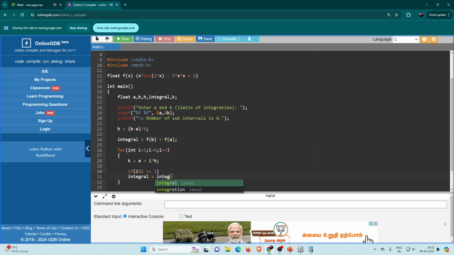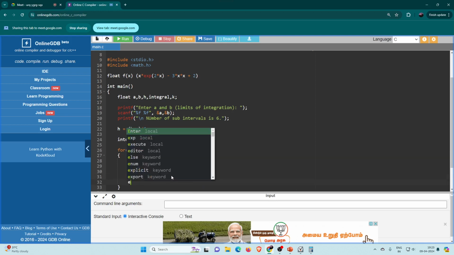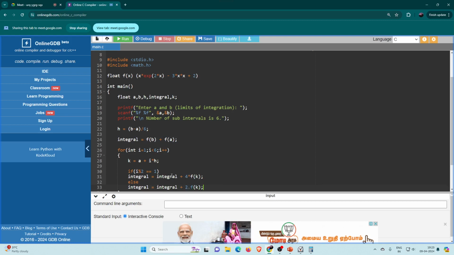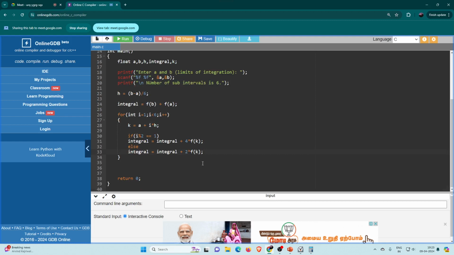So integral equals integral plus 4 into f of k, right, else integral equals integral plus 2 into f of k, yes or no, because all odd ones are supposed to be multiplied by 4 and even ones are supposed to be multiplied by 2.